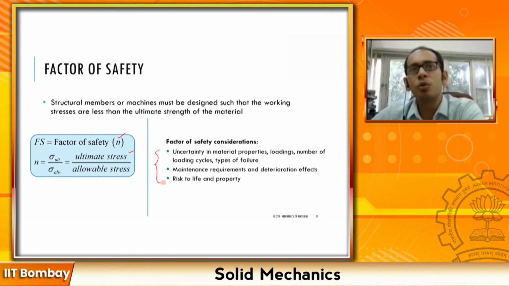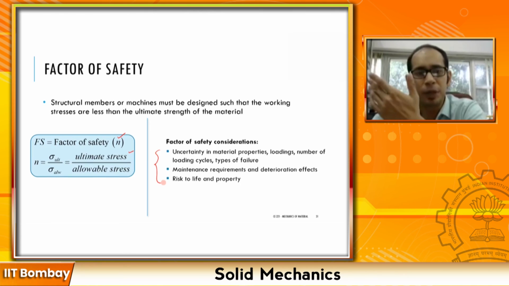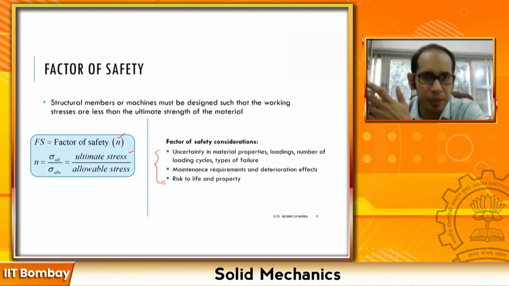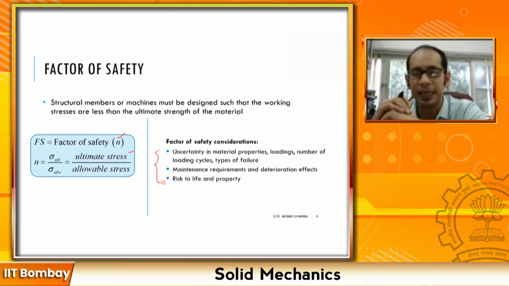So even in those instances, such that your structure can maintain some minimum level of safety, the allowable stresses are kept below the ultimate stresses. So even if you reach some ultimate stress, your structure might be able to survive that particular earthquake or that particular flood, right?